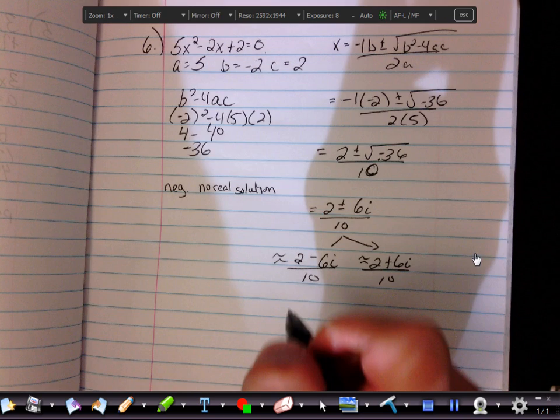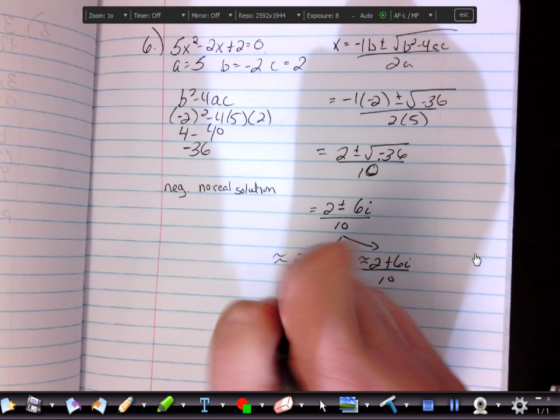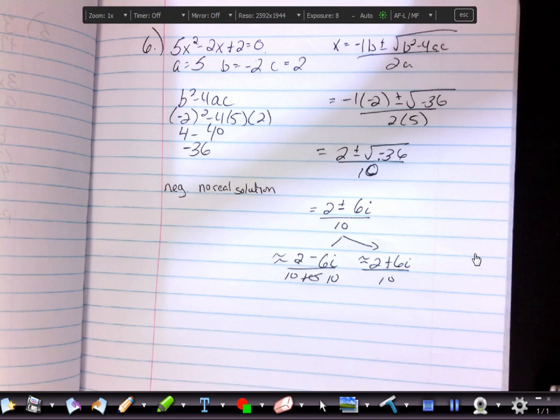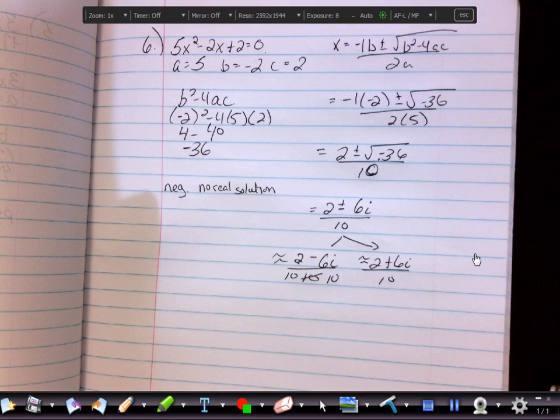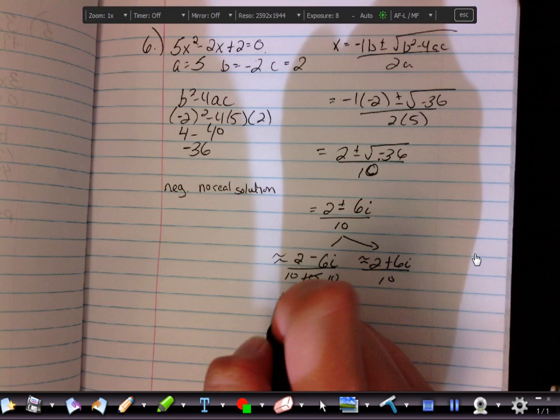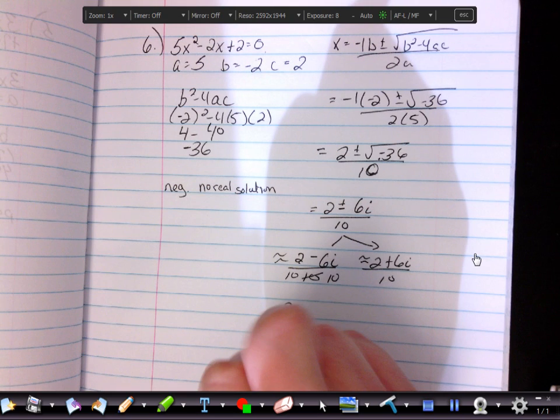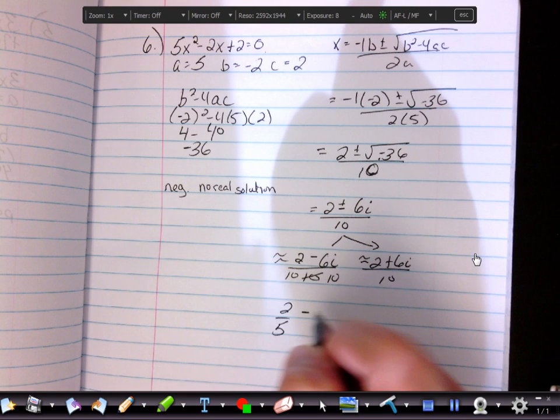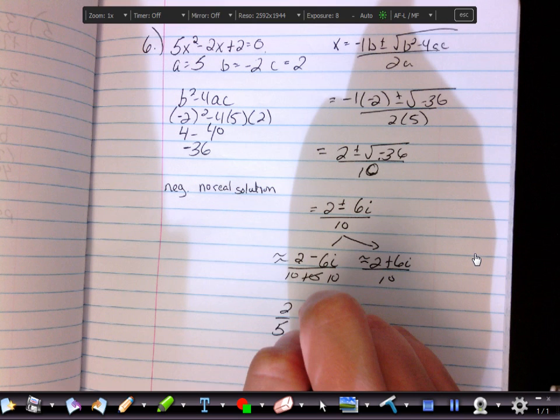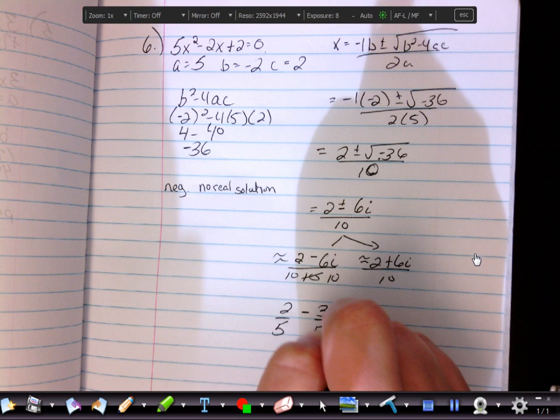So instead of putting the 10 underneath one of these, I'm going to put it underneath both, and I'm going to reduce. 2 over 10 reduces to 2 over 5, then my minus, and 6 over 10 reduces to 3 over 5i.